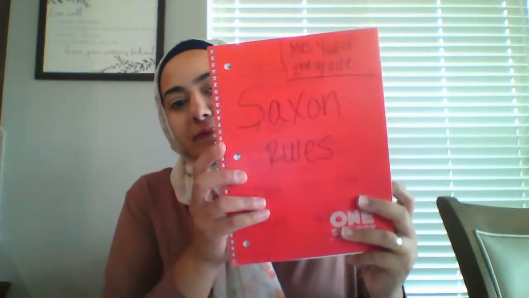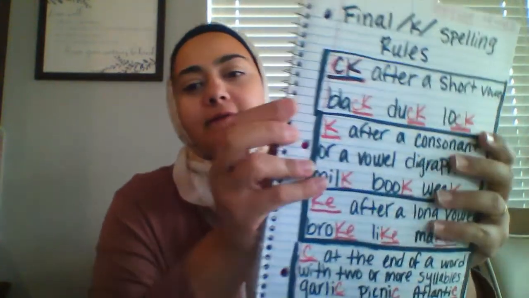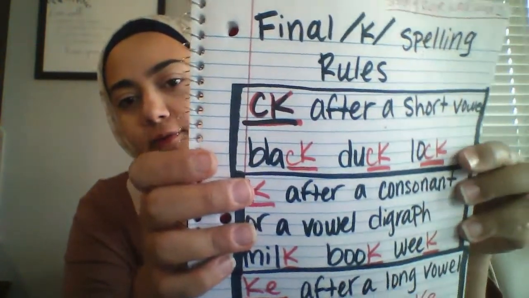Okay? All right, now I need you guys to go grab your Saxon rules notebook, because we have a new spelling rule card, and I need you guys to write it down. So I'm going to show you the card. If you need to pause the video, you can go ahead and pause it whenever you need to. Here is our final K spelling rule card.